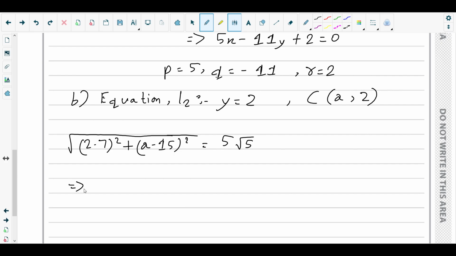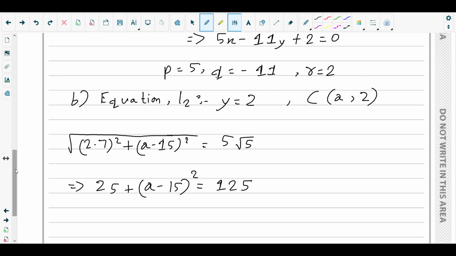Now square both sides, so we'll get negative 5 whole squared, that is 25, plus a minus 15 whole squared, equals 25 times 5, that is 125.